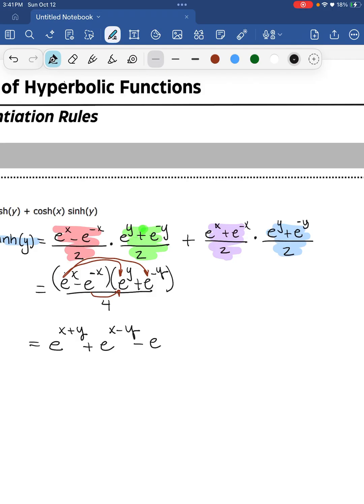Then we also have this one with this, so that's going to be plus 2e to the x minus y.